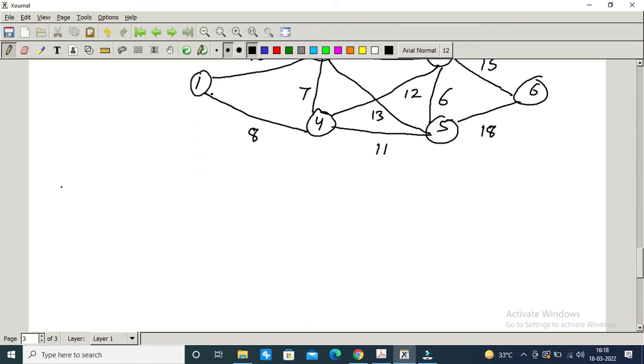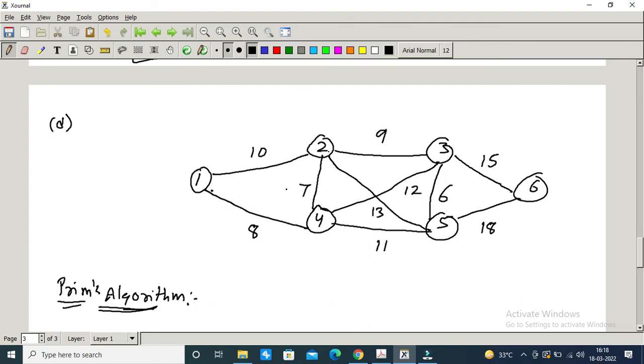Okay, now according to Prim's algorithm to find the shortest path or minimum weighted spanning tree, what we have to do is focus on the vertices, right?